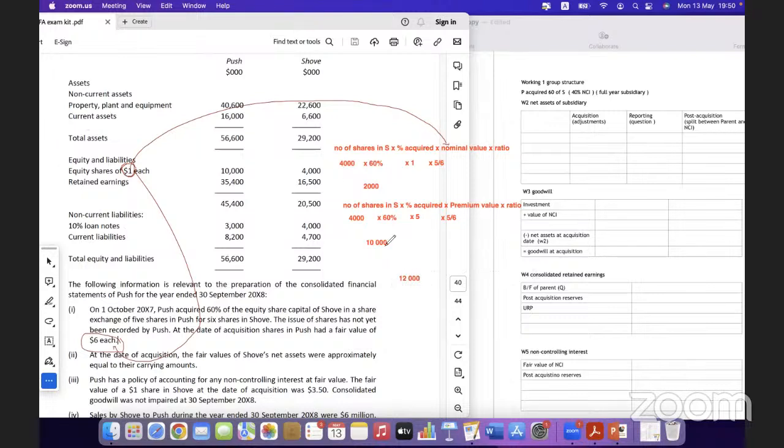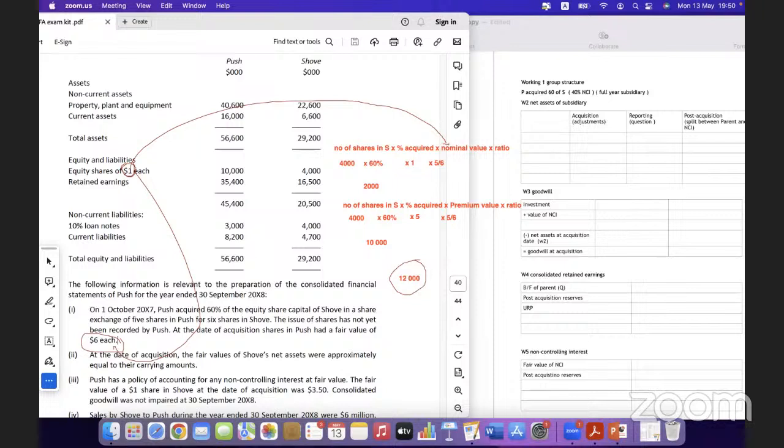Now, before the break, guys, what we did was like this. Before the break, we went directly with 6: number of shares into the percentage acquired into value per share. I directly went with value per share, which is 6, rather than breaking it down like this.